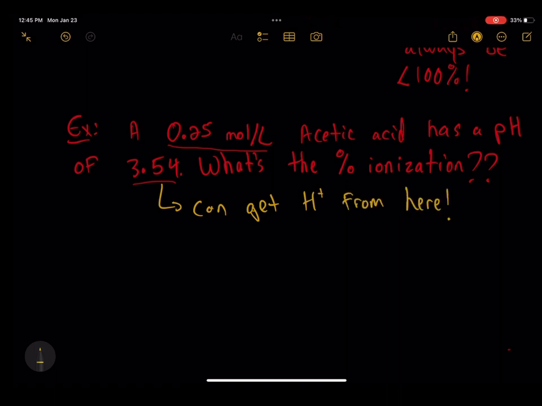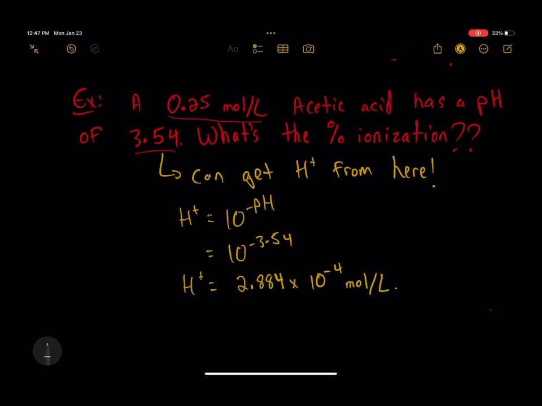Remember, the hydronium concentration is just the exponential function of the pH, or the inverse of the pH. So we can say hydronium is equal to 10 to the negative pH, and with that we know that it's 10 to the negative 3.54, and when we plug that into our calculator, we get about 2.884 times 10 to the negative 4 moles per liter.